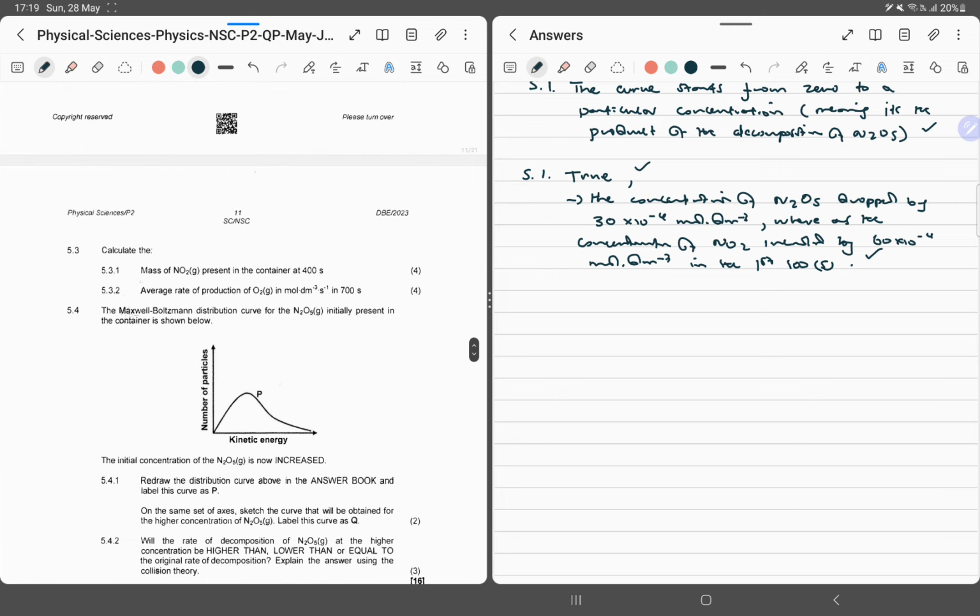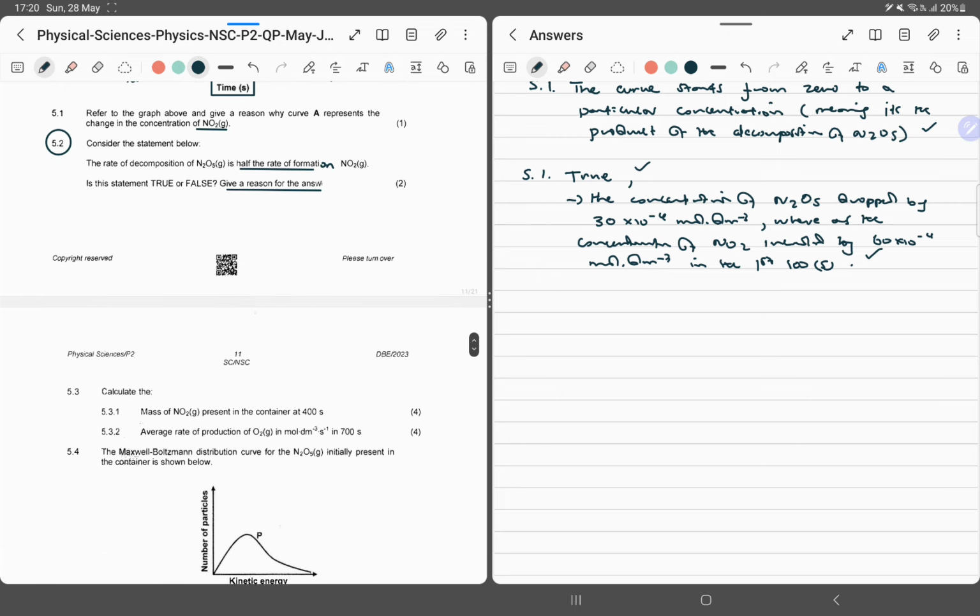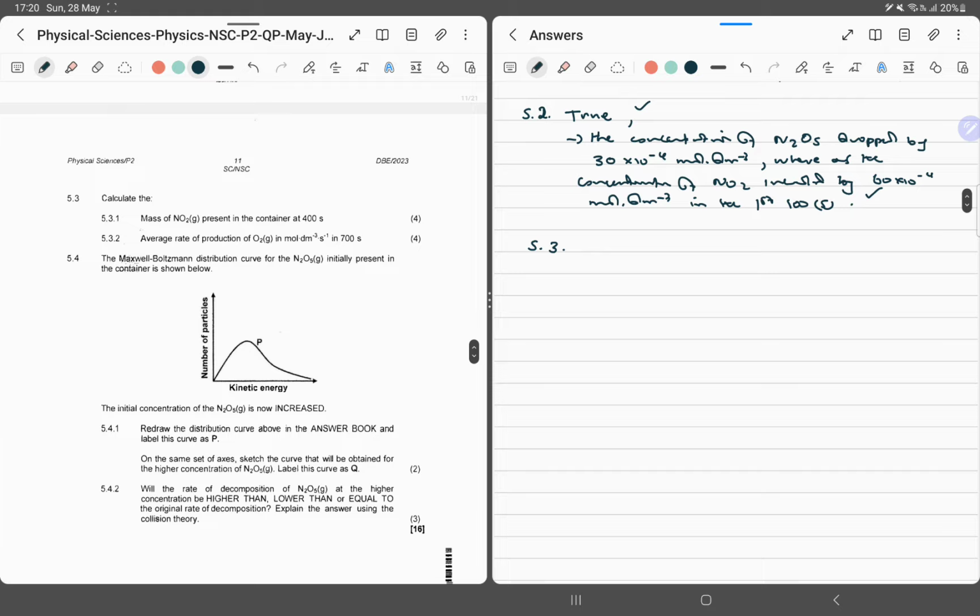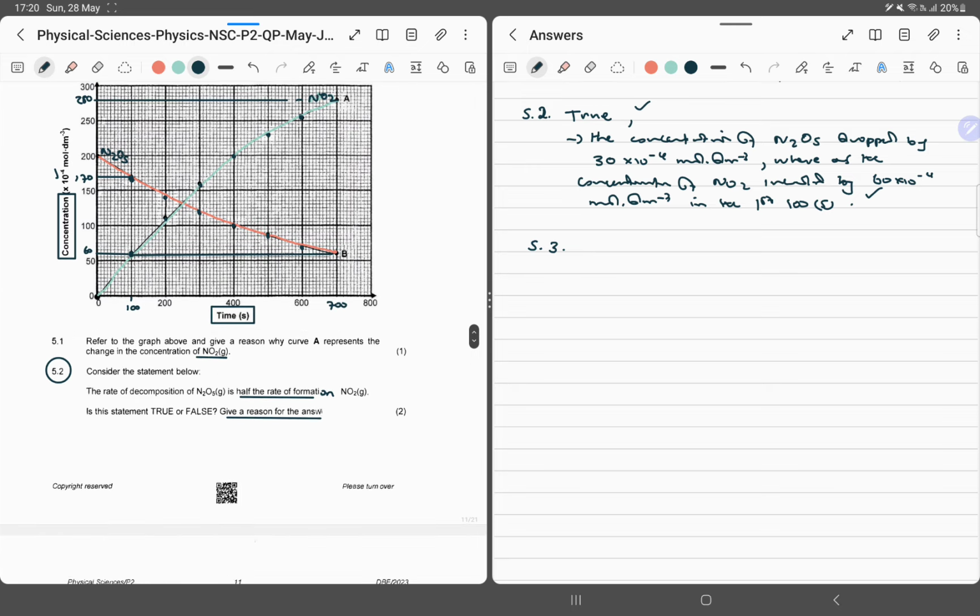Now 5.2. So now we've got 5.3. Okay, let's move, guys. I think we're wasting time. Calculate. Okay, so you see there will always be some small calculations. The mass of nitrogen dioxide gas present in the container at 400 seconds.